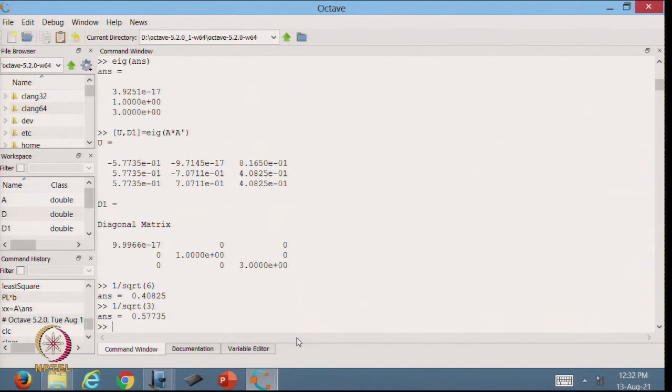From here, let us check what is going to happen if I multiply U. This is the U I got, U star. Now, I have to take sigma.